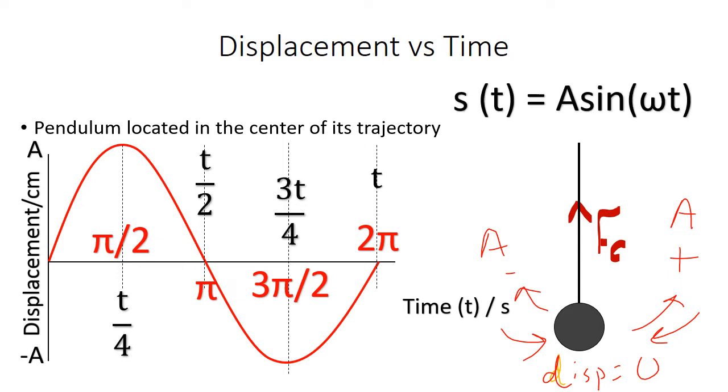Okay. This displacement versus time curve can be defined by S of t, displacement as a function of time, equals A sine omega t. Omega is the angular frequency. Angular frequency is 2 pi times the normal frequency.